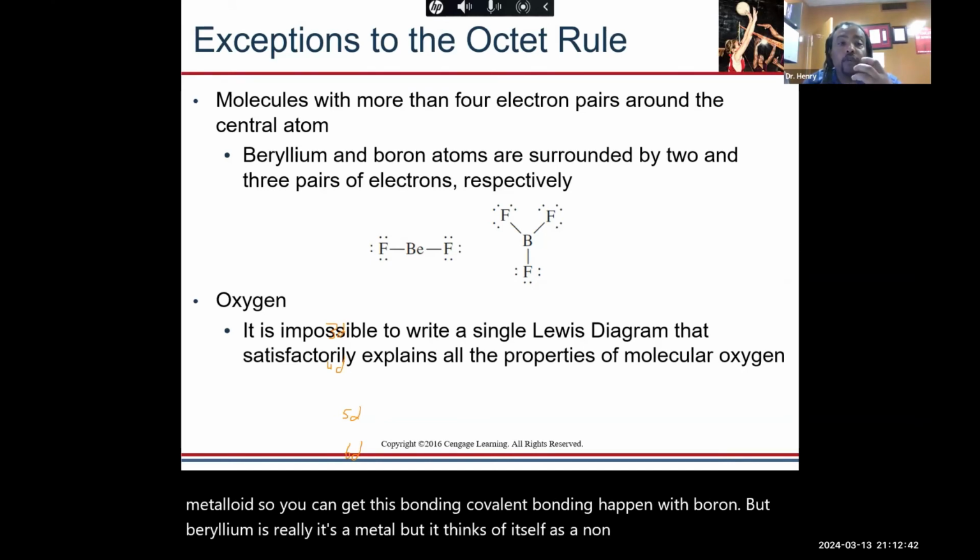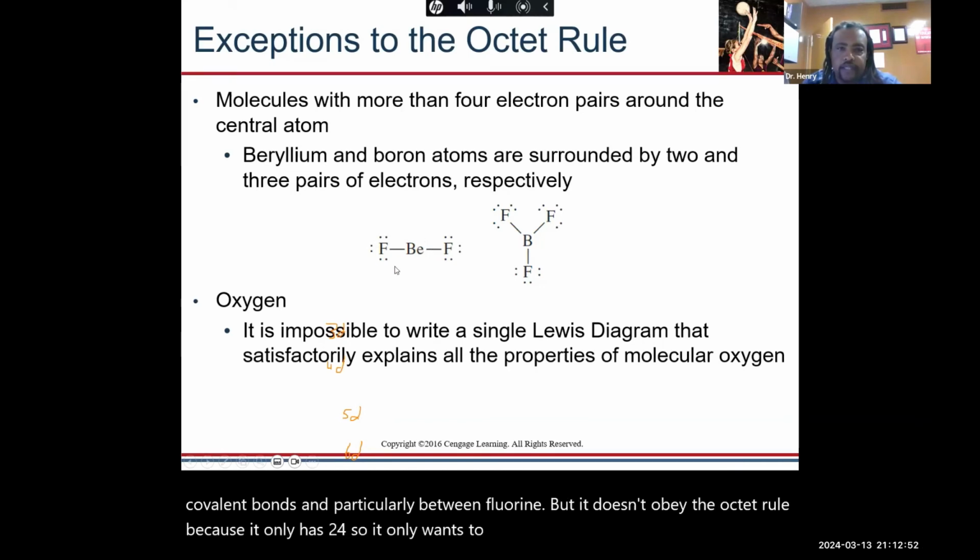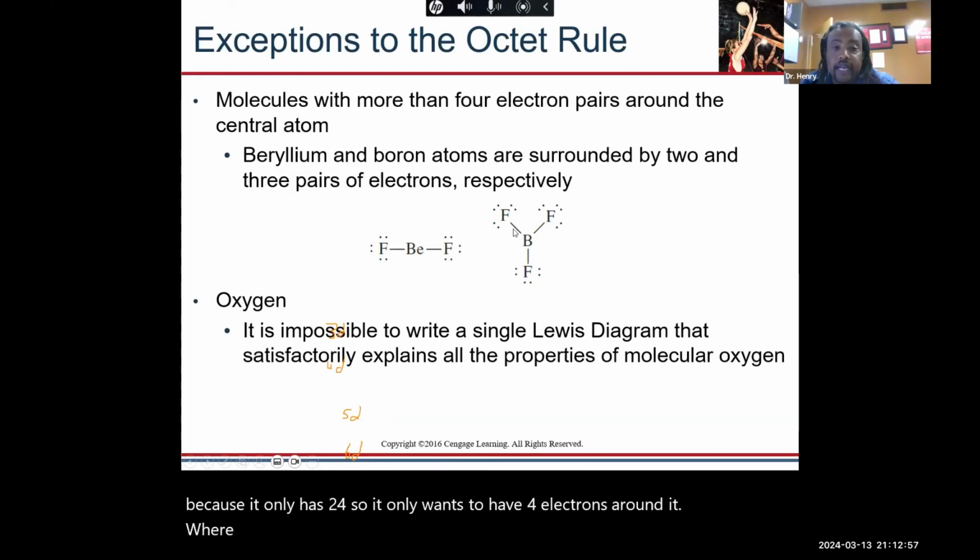So it forms covalent bonds, particularly with fluorine, but it doesn't obey the octet rule because it only wants to have 4 electrons around it, where boron wants to have 6. So that's 2, 4, 6 around boron. Okay. So again, this is hypovalency.